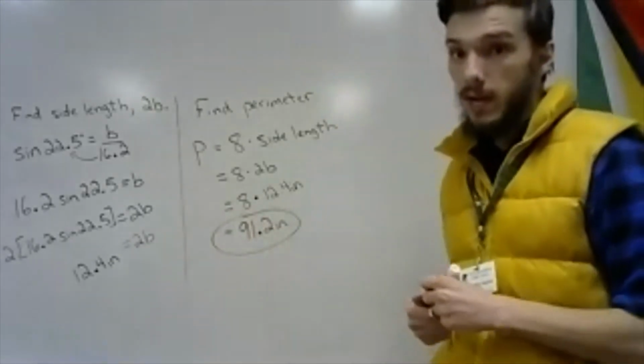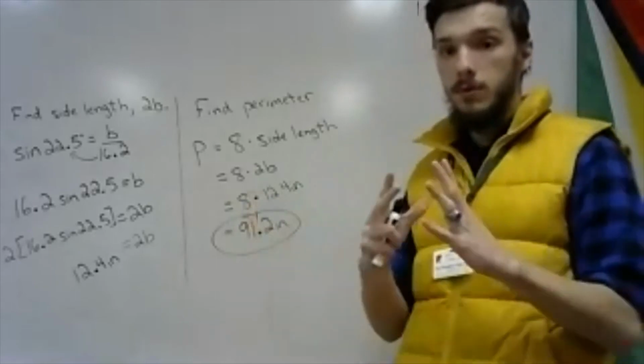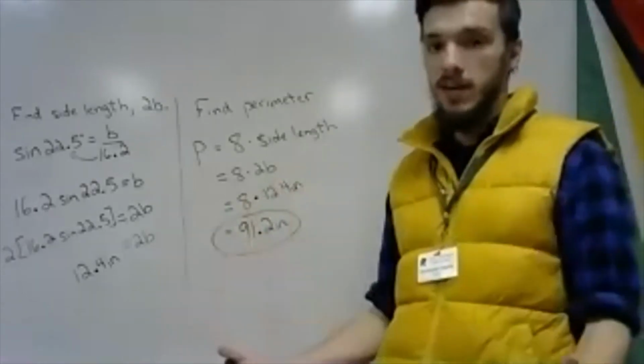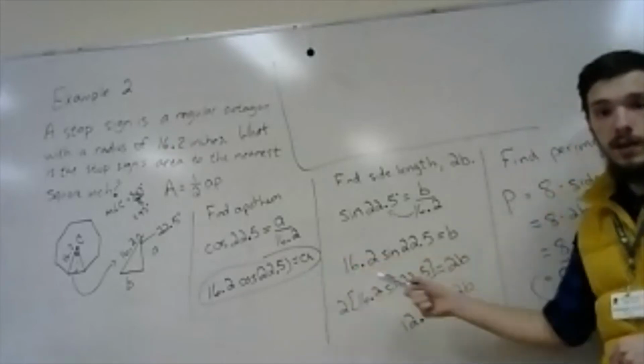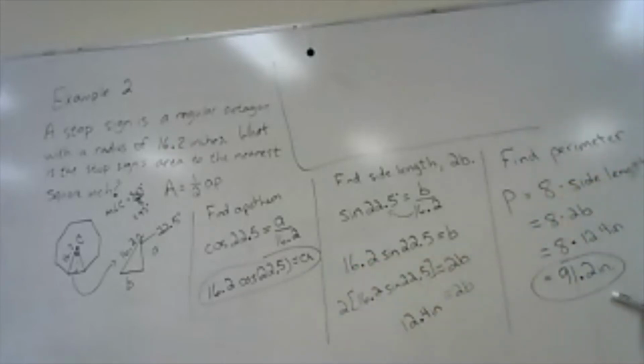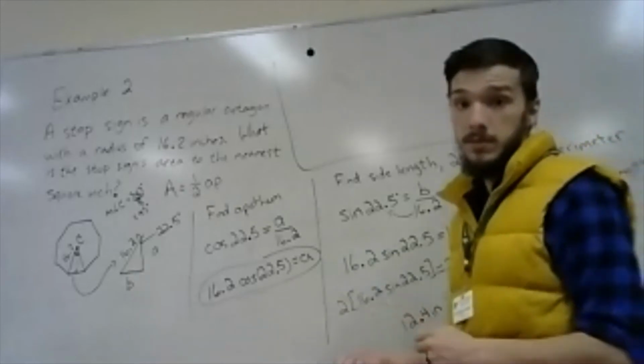So we found our apothem and we found our perimeter. Now we're going to put the two together to find our area. Now that we have our apothem and our perimeter, we can use these values to find the area of our stop sign.